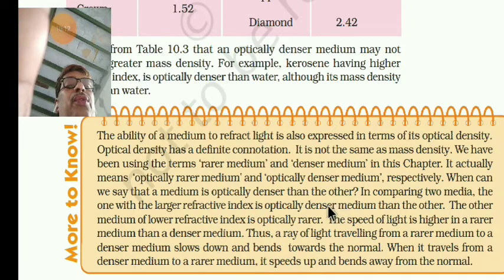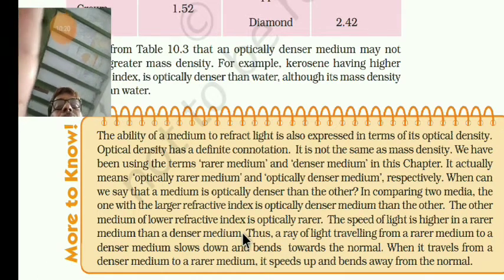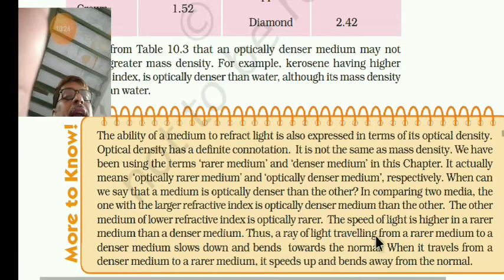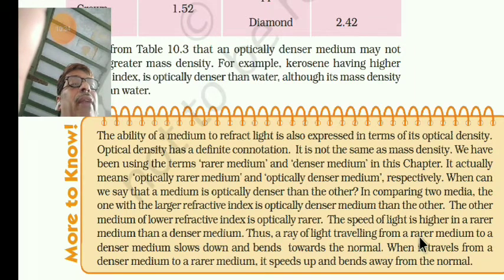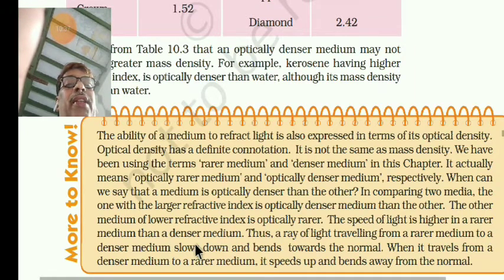The speed of light is higher in the rarer medium than in the denser medium. So remember that. A ray of light traveling from a rarer medium to a denser medium slows down and bends towards the normal.